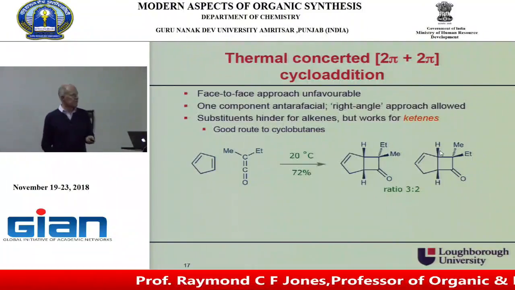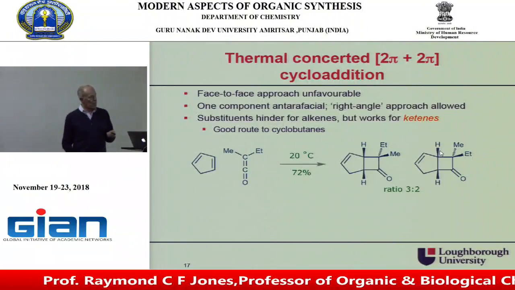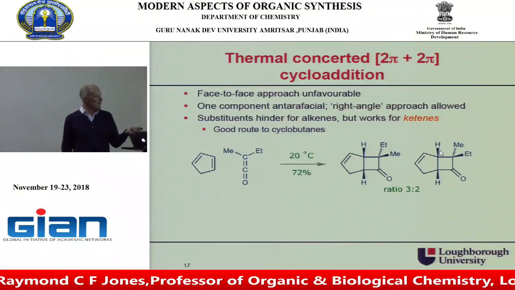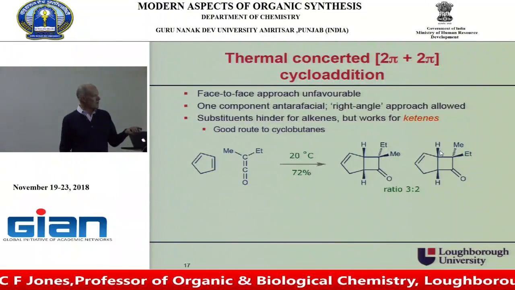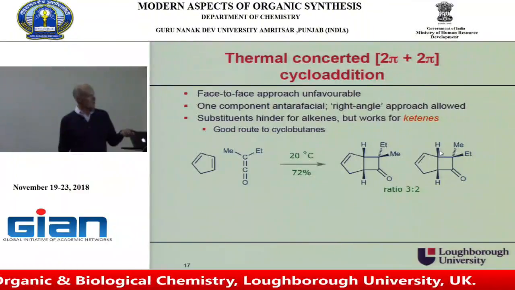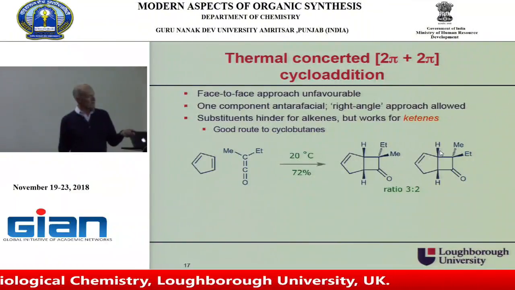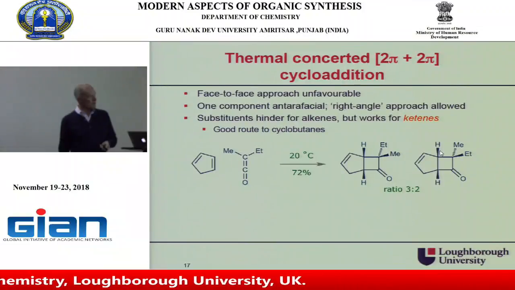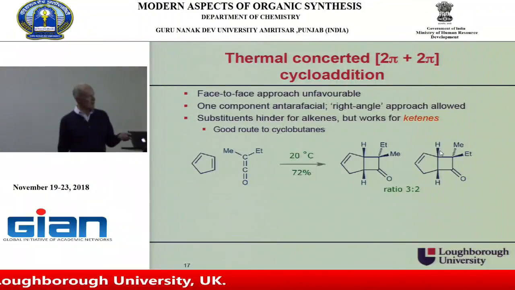So this works for cyclobutanes, for example here, with this as a 2 pi component and this as a 2 pi component, at room temperature, you get the cyclobutane, the 4-membered ring, but as you can see, there isn't a lot of control over the stereochemistry here.